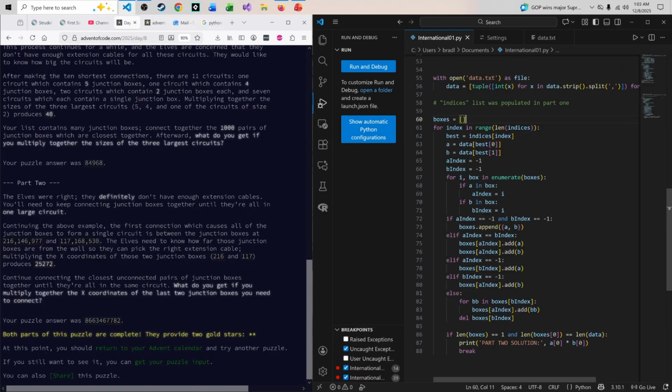The only difference here is, instead of doing something 1,000 times or 100,000 times, we're doing the same stuff over and over again until the number of boxes is 1 and the number of elements in that one and only box is equal to the number of data points. And when you do that, you just multiply the two x values together, and you saw what I get.